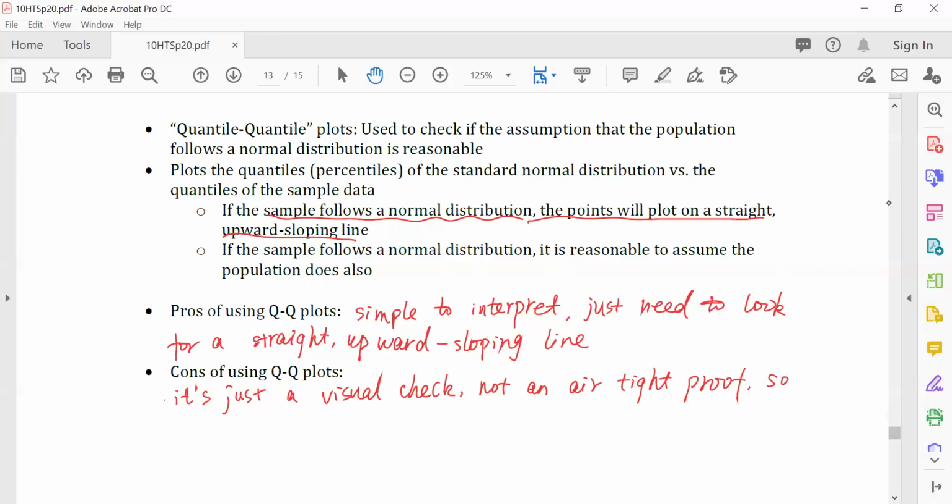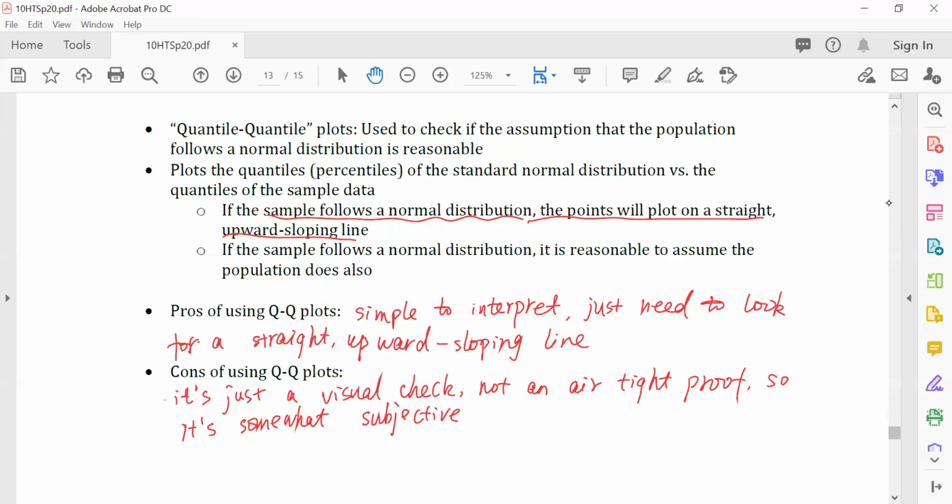Sometimes it's somewhat subjective, not very objective. Some people may think, okay, this is a good enough straight line. Some people may think, no, that's not good enough for me. So it's somewhat subjective.